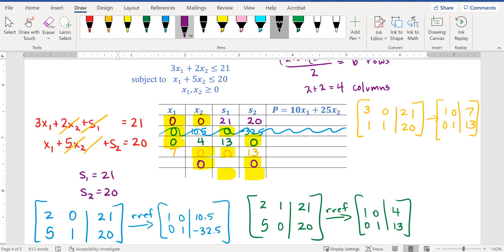S2 and x2 are zeros. So x2 is gone, and S2 is gone. So I now need to solve 3, 1, 21, and 1, 0, 20.